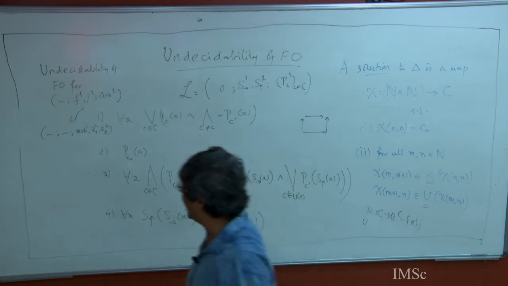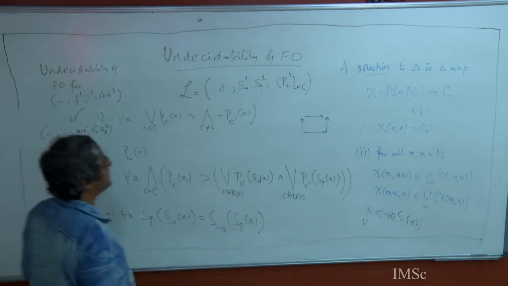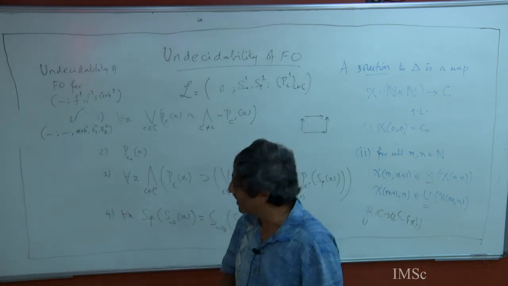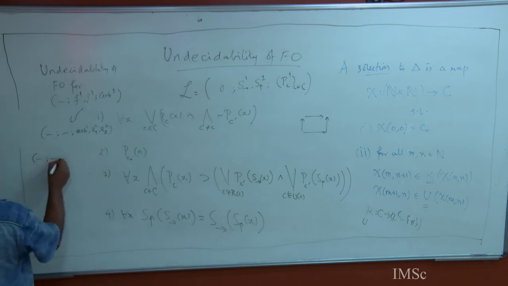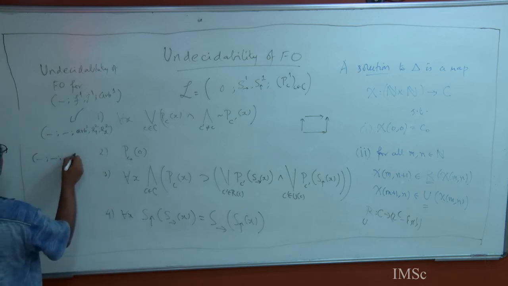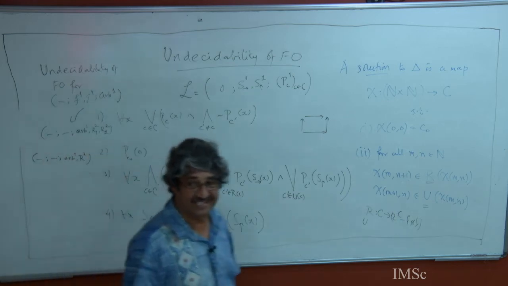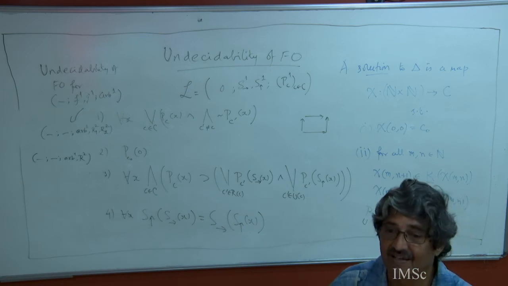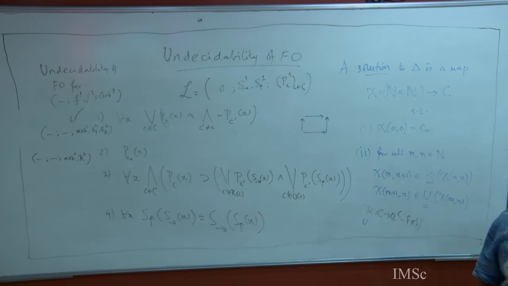And it turns out that you can go even further, and in fact this was shown by Gödel, that a single binary relation will suffice. You don't need to have more. That's difficult.